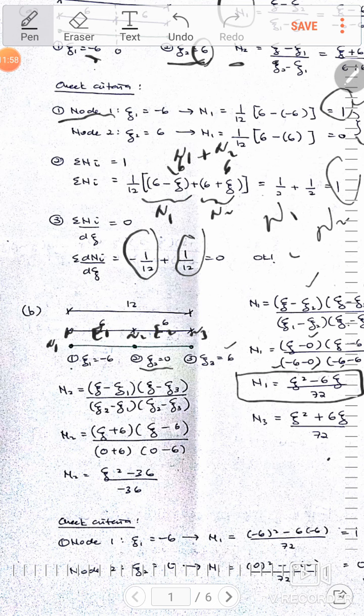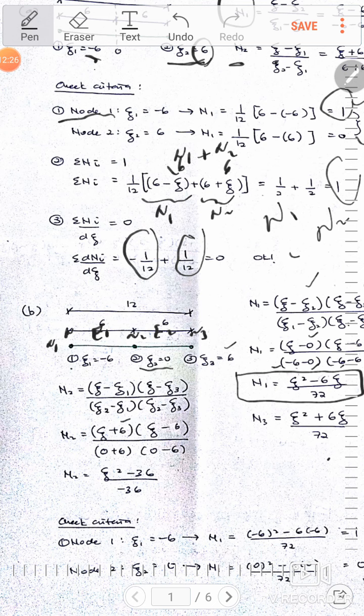Okay, so zeta 2 minus zeta 3. Zeta 1 equals minus 6, so zeta 1 minus 6, it will be positive 6 here.